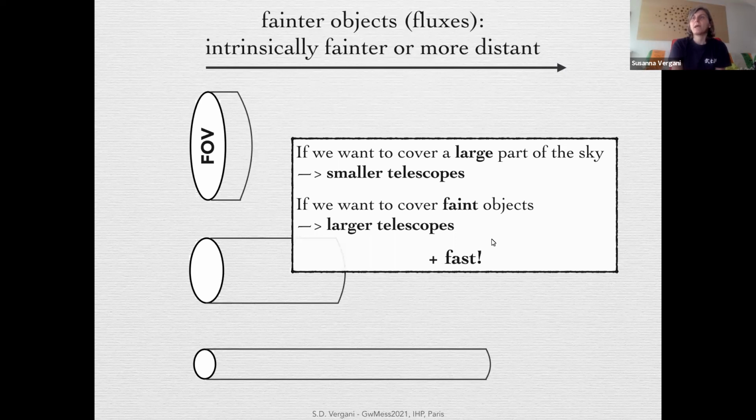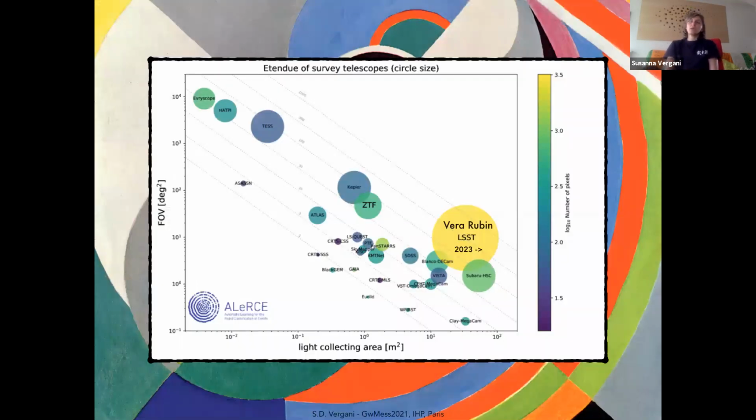A compromise between these two is more difficult to have. To have a telescope with a large field of view, but also capable of detecting faint objects, is really tricky. But we are improving in this direction, and we will very soon have a very good telescope for that.